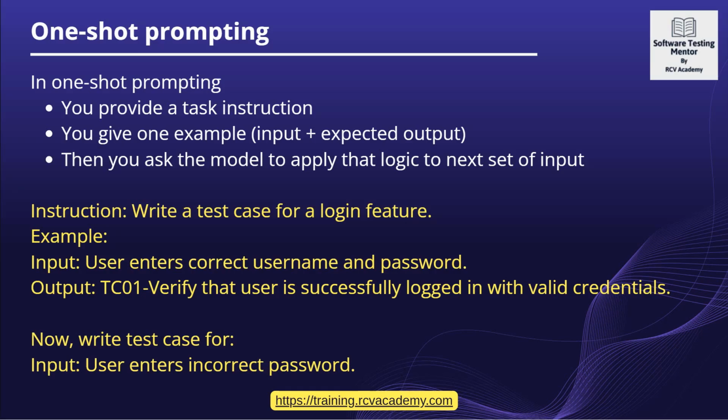Then if you think about why exactly it will be useful and where it is useful, this prompting is useful when you have a limited set of data. For example, you have the LLM model, but your organization has a limited data set.